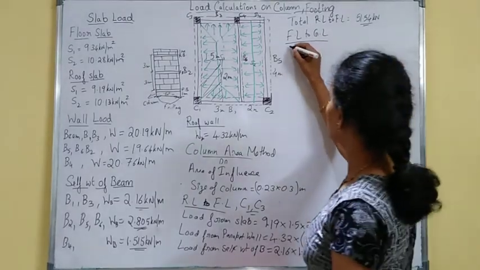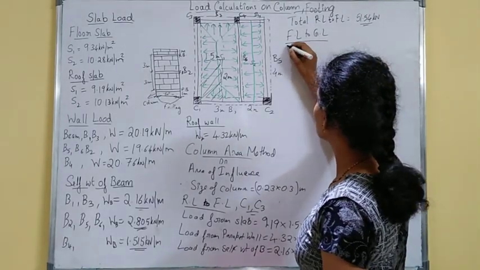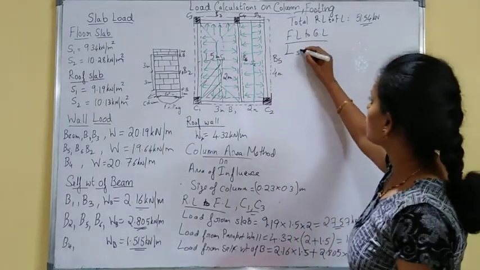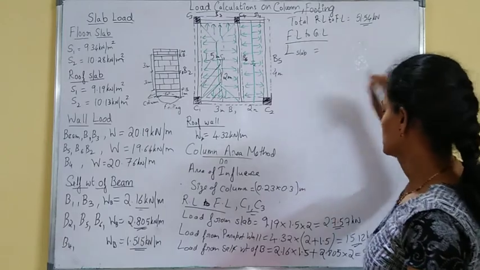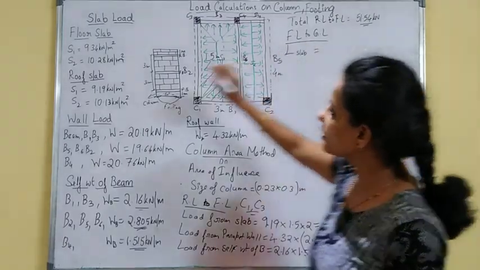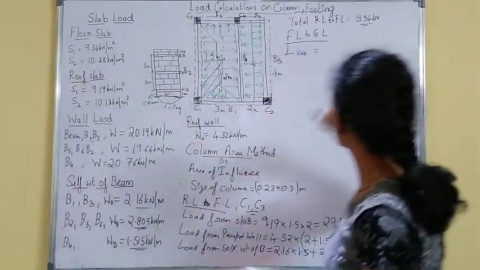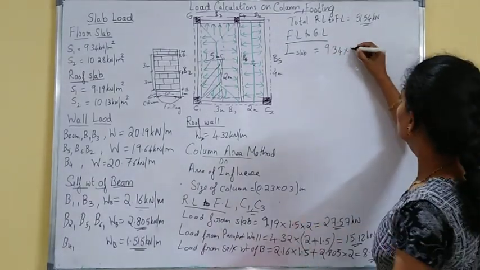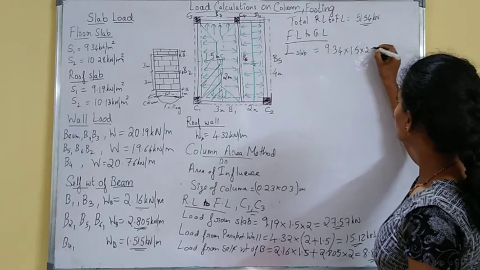Okay, same, I'll write L into S. This represents the slab, load from slab, which is nothing but the floor slab, that is 9.34. Area of influence will be the same, that is 1.5 into 2.